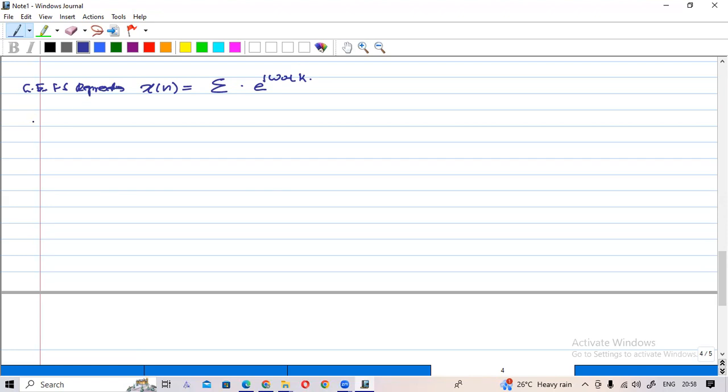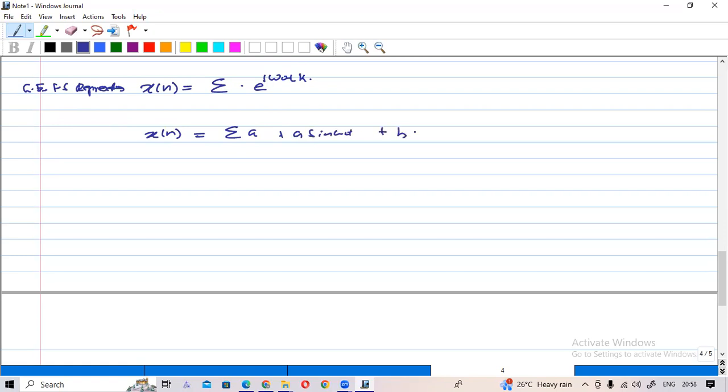And as I told you, we can use sine and cosine. So this can also be represented as a collection of sine and cosine terms.